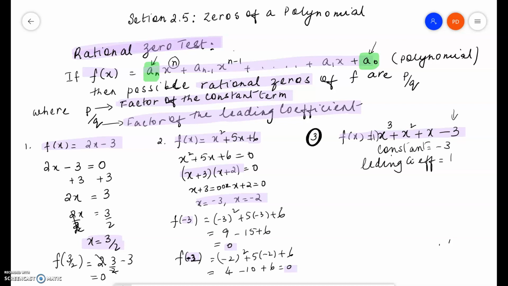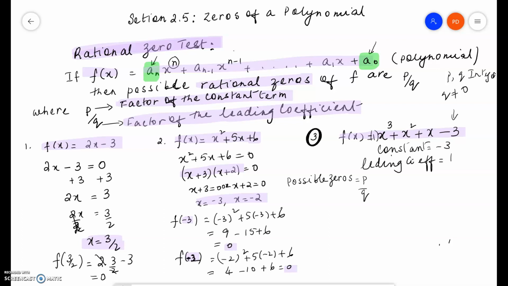So the possible rational zeros, these are only the possibilities, are rational numbers in the form p over q, where p is an integer and q is an integer. And we need to make sure, of course, that q is not equal to 0.